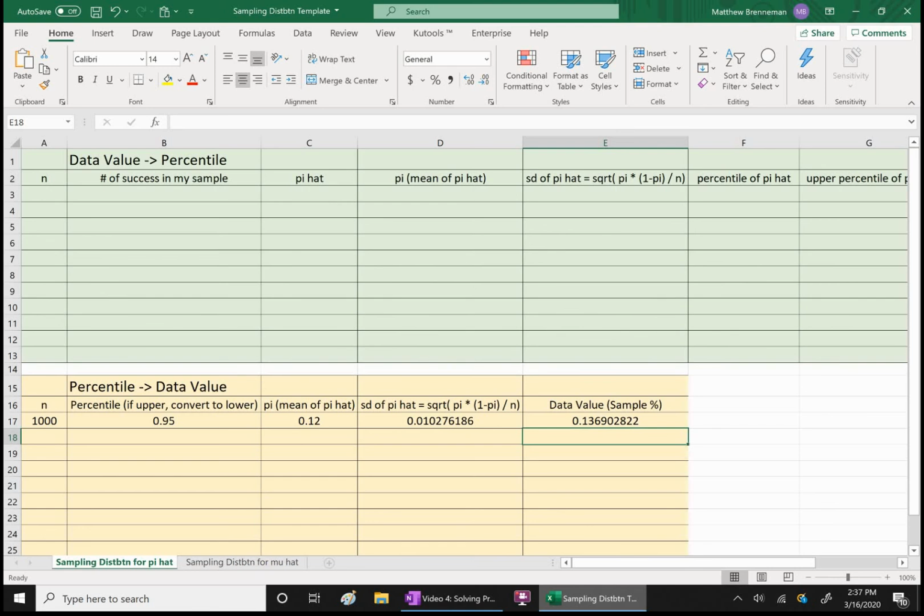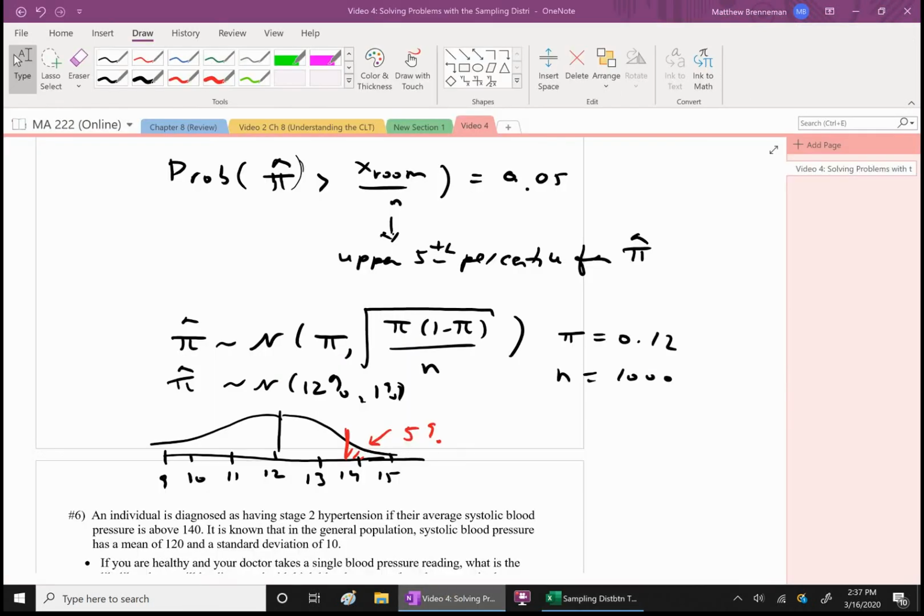So let's just go back for a second and look at this. So 13.7%, there's only a 5% chance I'm going to get more than that. So what should the capacity for the room be? So I know that the number in the room divided by n is equal to 0.137.